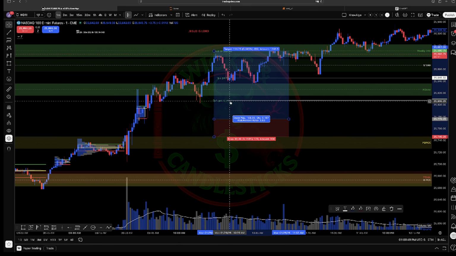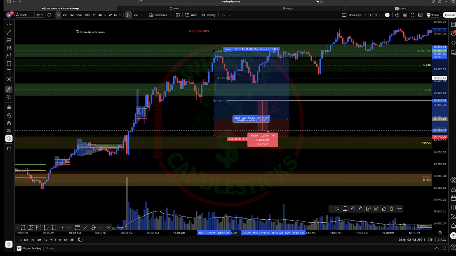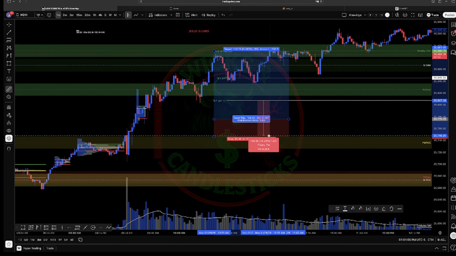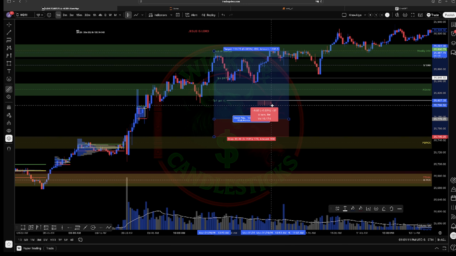So this still gives you a total of almost, let's just say, 59 points where price can come down, because I have done this before and price would come literally all the way down here and just tap right there, and it would just go in my favor. So you will see my logic behind it.